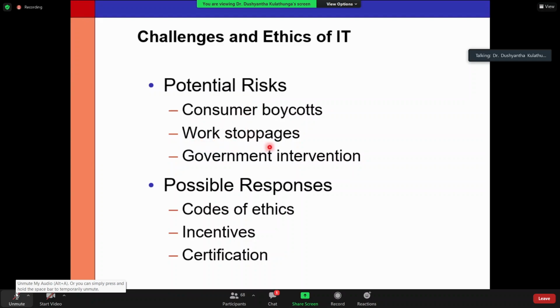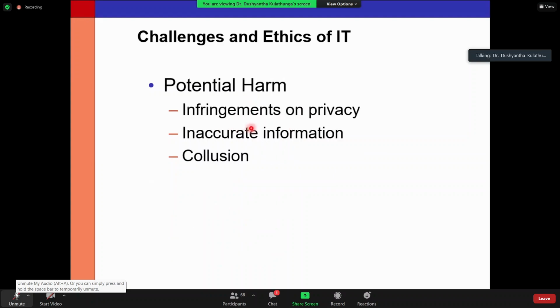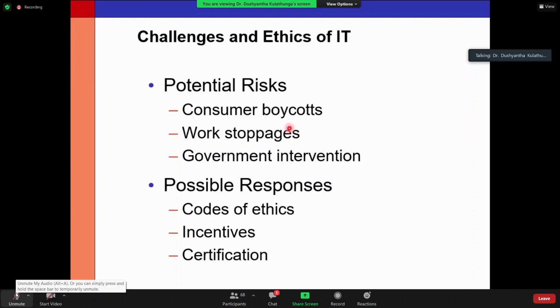Then work stoppages, again, it can be the employees. So if some privacy violations have taken place in relation to employees, they may stop work. And also it may be due to hacking incidents, and their systems have been hacked and damaged.